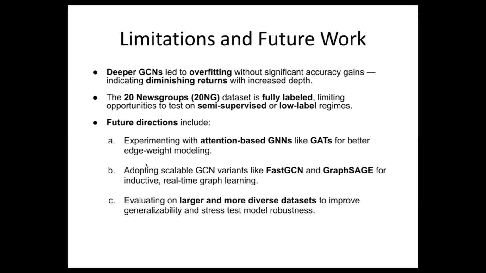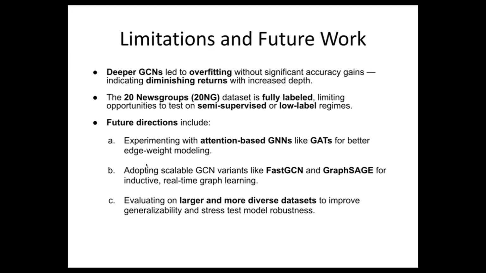Looking ahead, there are several exciting directions to explore. First, we will try graph attention networks. This allows the model to learn which neighbors are more important, essentially weighting edges dynamically, which could improve performance.